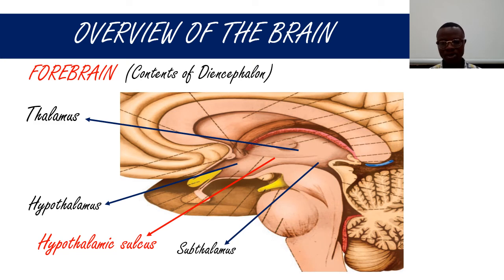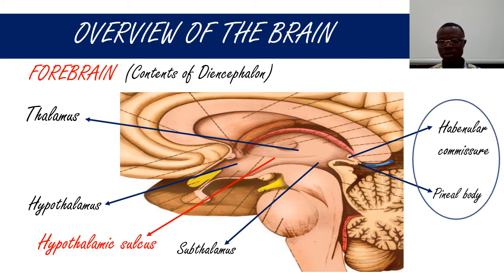And posteriorly, the diencephalon is bordered by structures as we listed. However, these structures are also considered as part of the diencephalon. The first one we talked about here was the pineal body. And most superior to the pineal body, we talk about the habenular commissure.